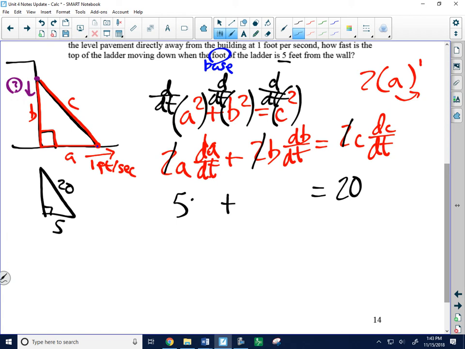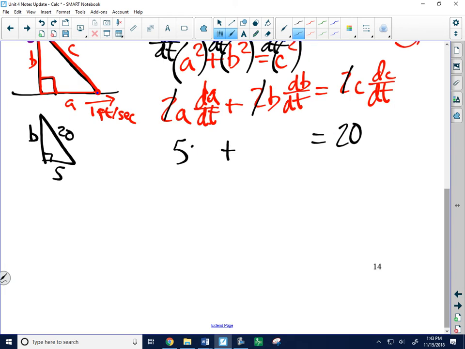So then, to get B, we'll actually need that. I just fill in B there, and I can do the Pythagorean theorem. So I have the ladder's 20, A is 5. So this one we'll need a little extra work just to find it. B squared plus 5 squared equals 20 squared.